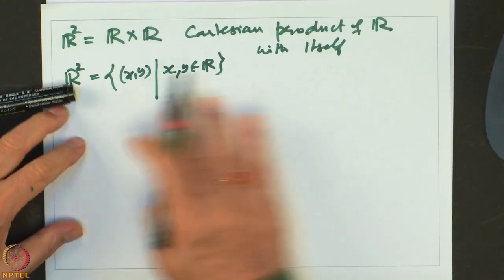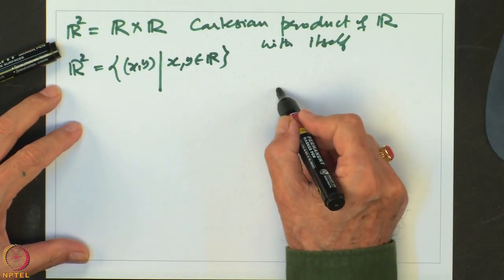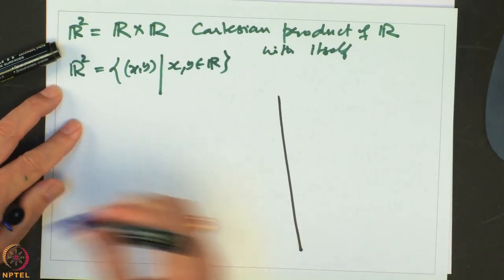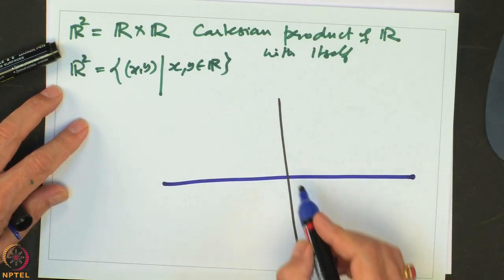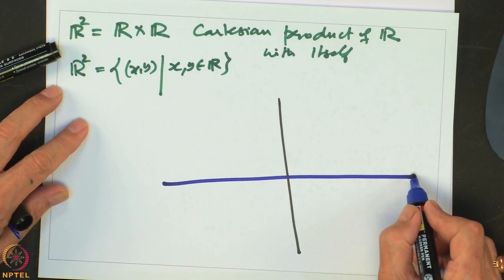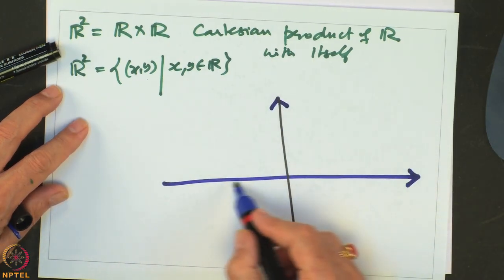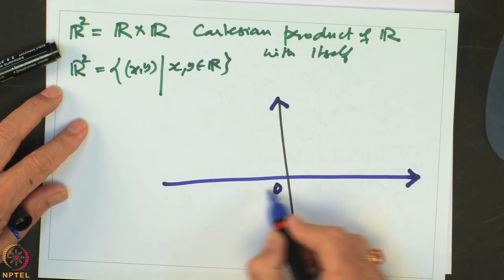We take this paper as the plane, and on the plane we draw two lines, one vertical, another horizontal. We mark them with arrows. You can think of this as a copy of the real line starting at 0.